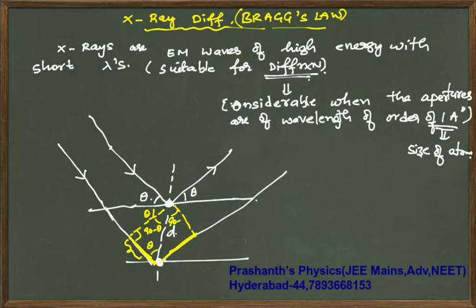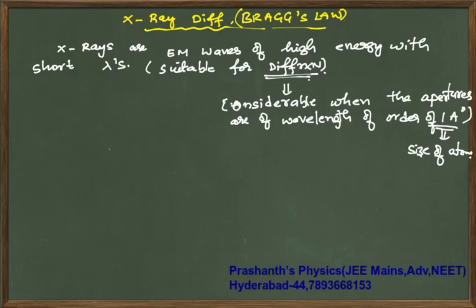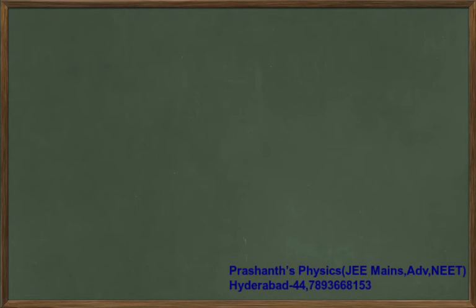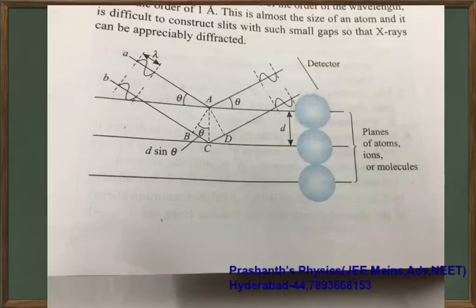So the path difference extra being traveled is this much. Sorry, I will go to the next page and draw a better diagram. Or else hold on, I will load a picture. I thought it is better, rather than drawing the diagram, to explain this.